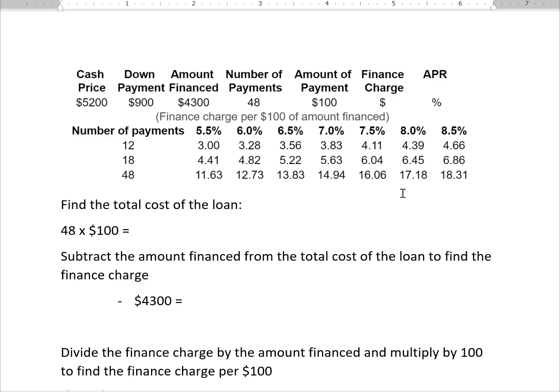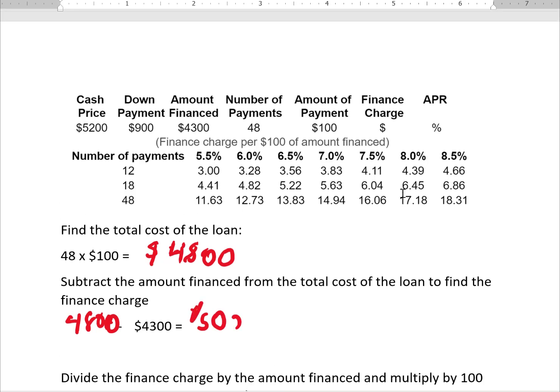So if I take 48 payments times $100, the total amount of the loan payments is $4,800. Subtract from that the amount that was financed to find out the finance charge. So if I take 4,800 and subtract the 4,300, I find the finance charge is $500.